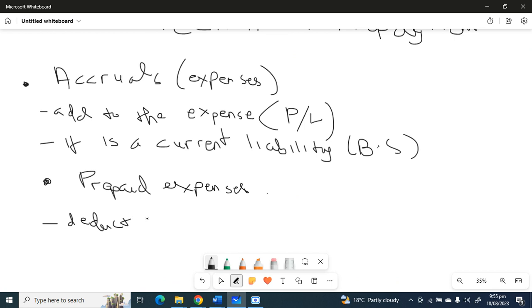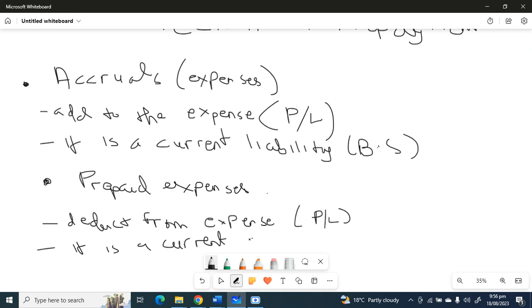So here you deduct from the expense in the statement of profit or loss, and then it is a current asset in the balance sheet.